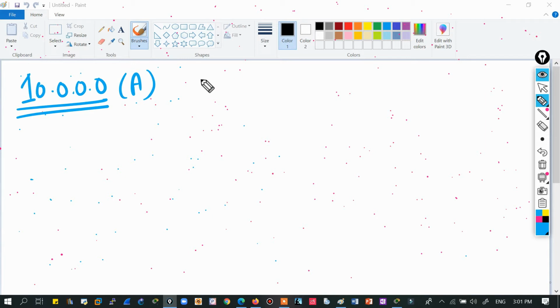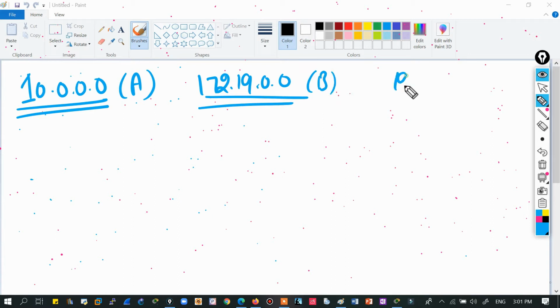And again 172.19.0.0, this is class B. And again 192.168.10.0, this is class C. How did we come to know that they are class A, class B, and class C? You see the first number, the first octet, and you identify the range.